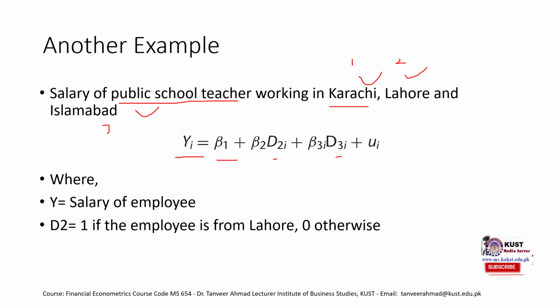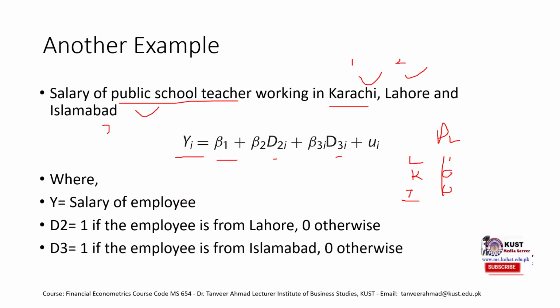In this case, wherever there is an employee from Lahore, we would create a new series which we call D2, and we would write 1 wherever this public school teacher, the individual sample that we have included, is from Lahore. If that person is from Karachi or Islamabad, it would get a value of 0, and that is what we call a dummy variable. It would have either a value of 1 or 0.